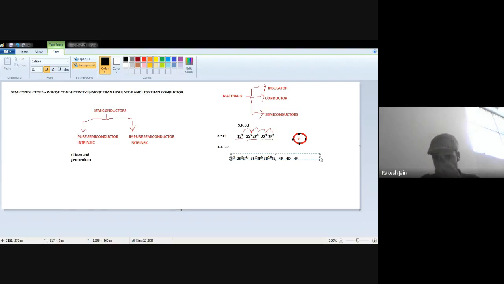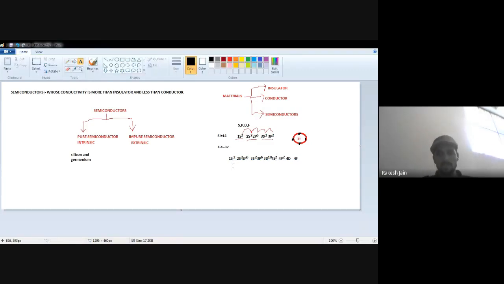What is the total? 2 plus 2 is 4, 4 plus 6 is 10, 10 plus 2 is 12, 12 plus 6 is 18, 18 plus 10 is 28. But we require 32. So 4s holds 2, and 4p can hold 6 electrons but we only require 2 more, because 32 is the total, and we don't require 4d and 4f.